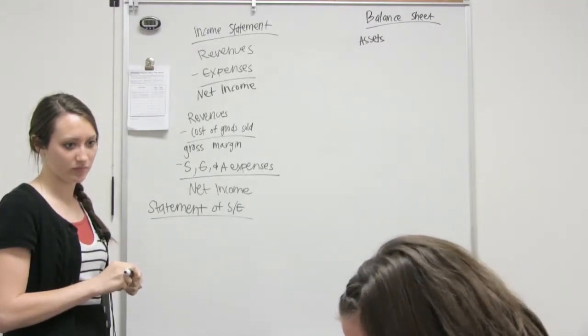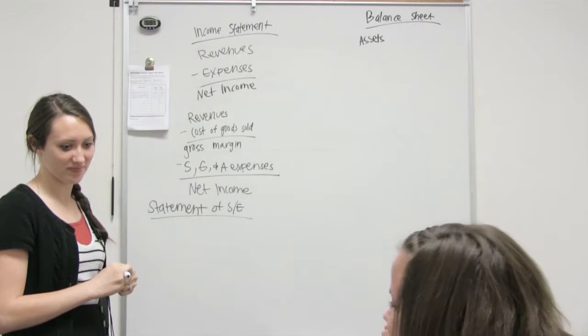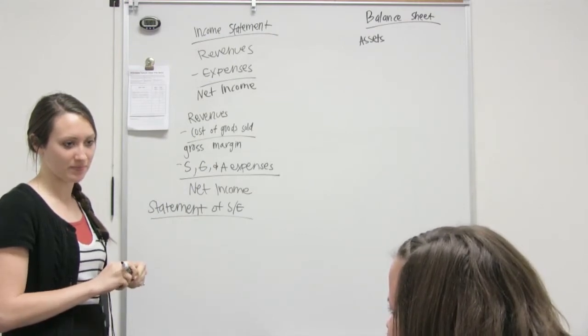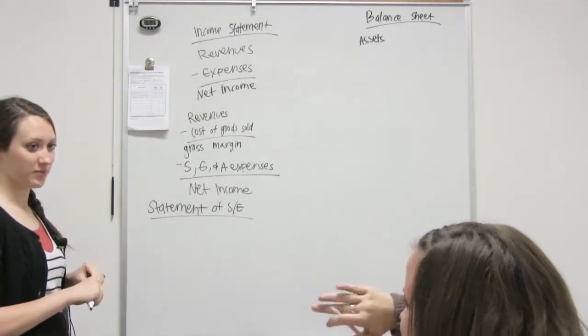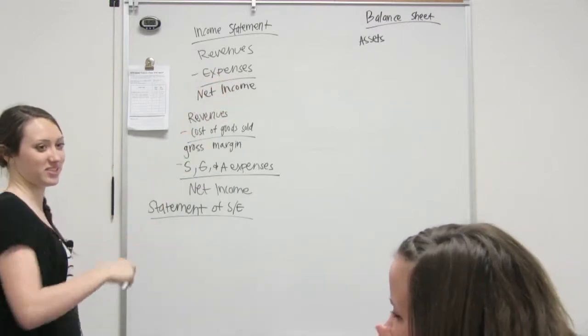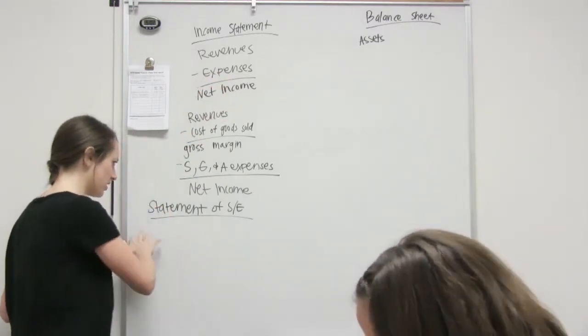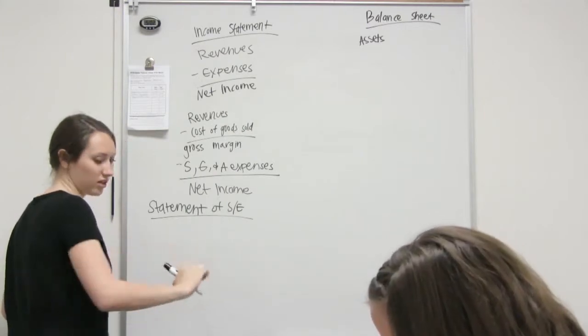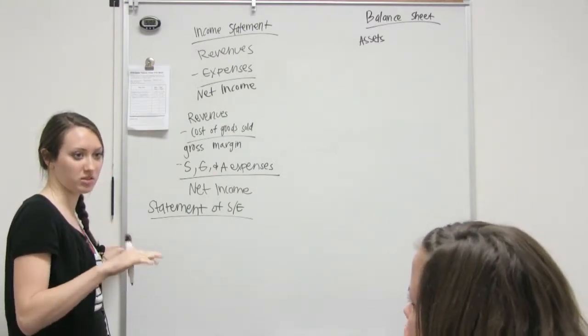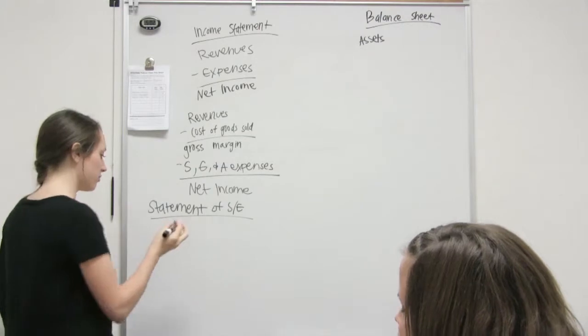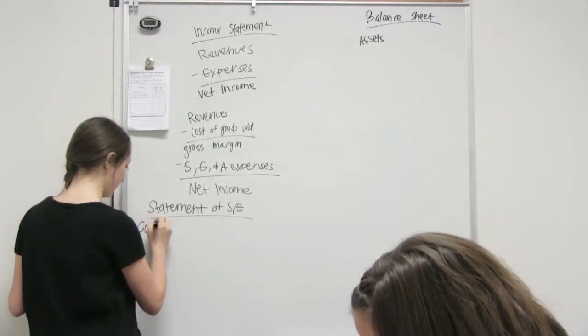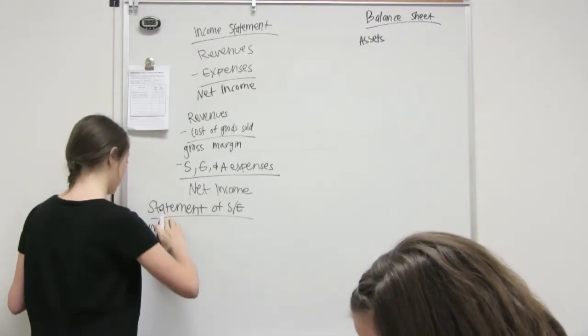I know it's like this side of the horizontal equation. Common stock, yes, you'll have common stock. The setup is beginning common stock plus issued common stock equals ending common stock.